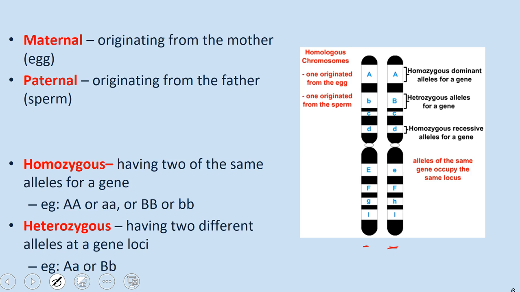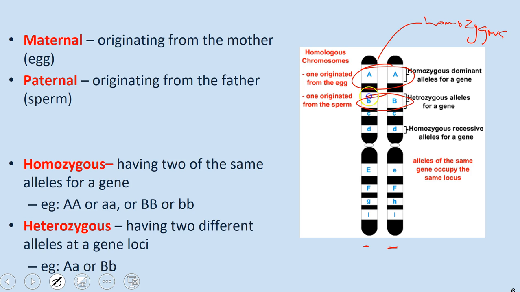You can see on this diagram that these traits, which are alleles at the same locus, both have a capital A. So these ones would be homozygous because they are the same.